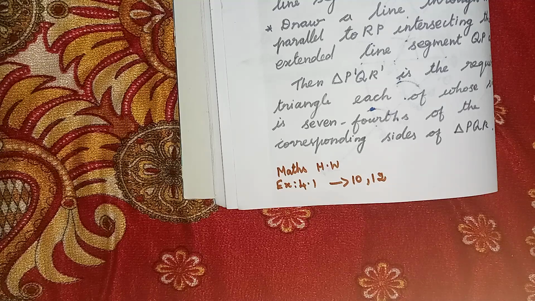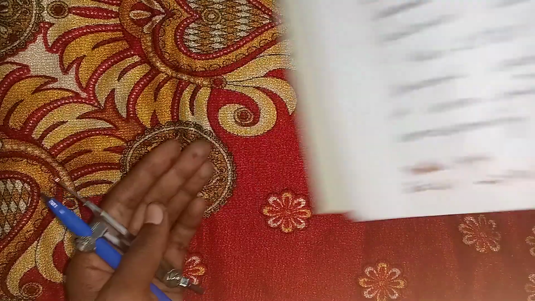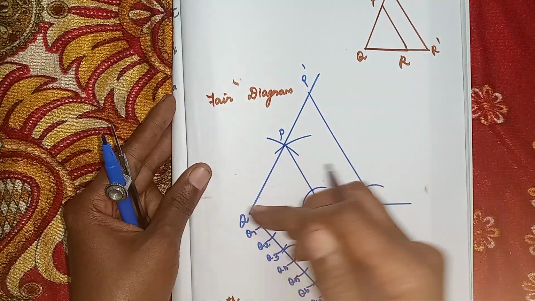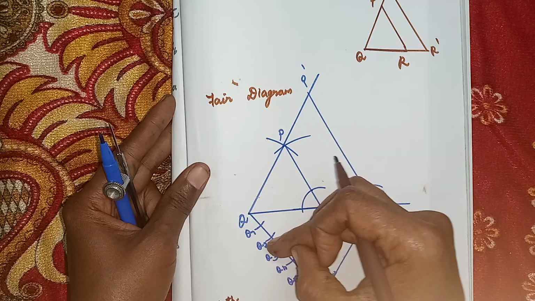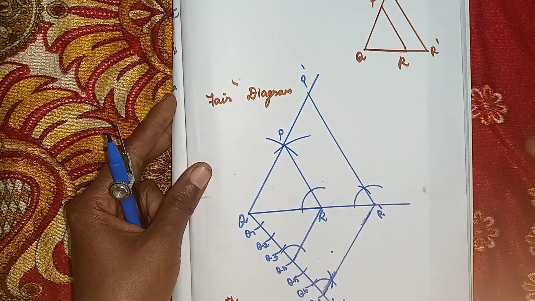The 10th problem is the first model; the 12th problem is the second model. In the 12th problem the triangle name is ABC, so in this place you have to put ABC. Here B1, B2, B3 like that, and here A dash, B dash like that you have to write.